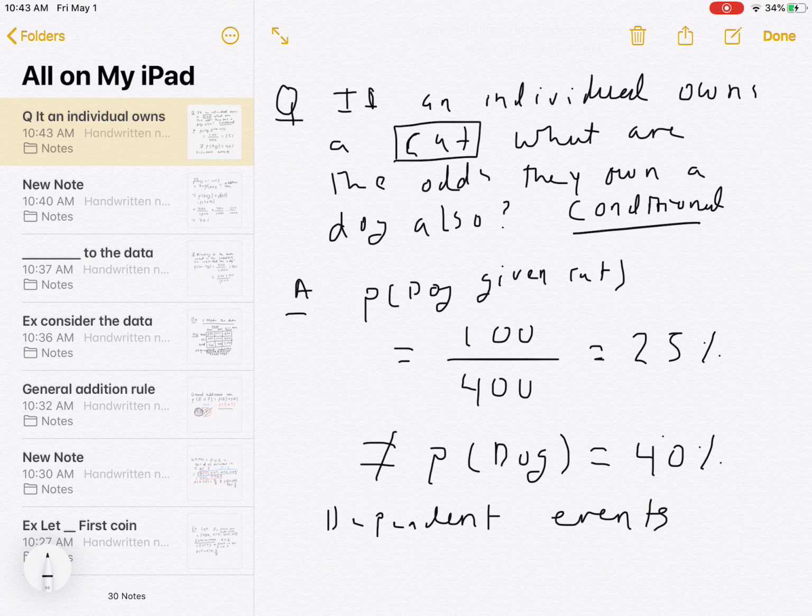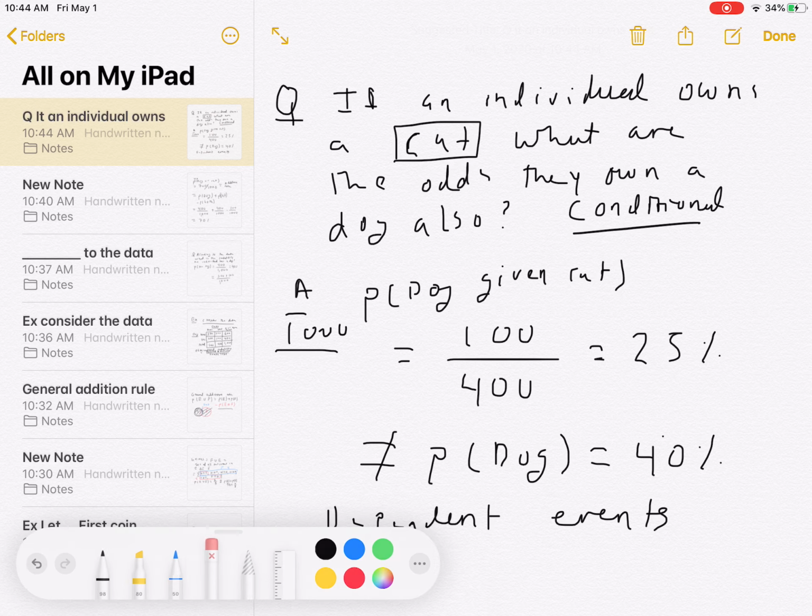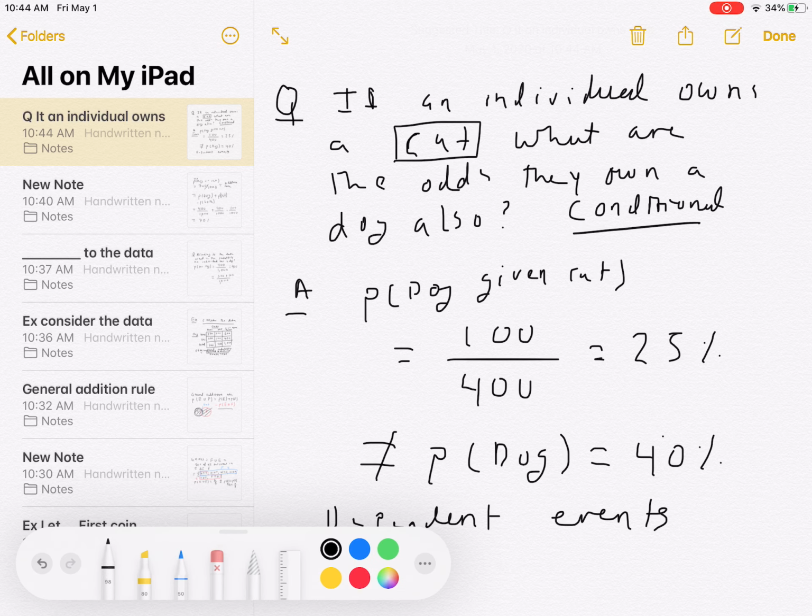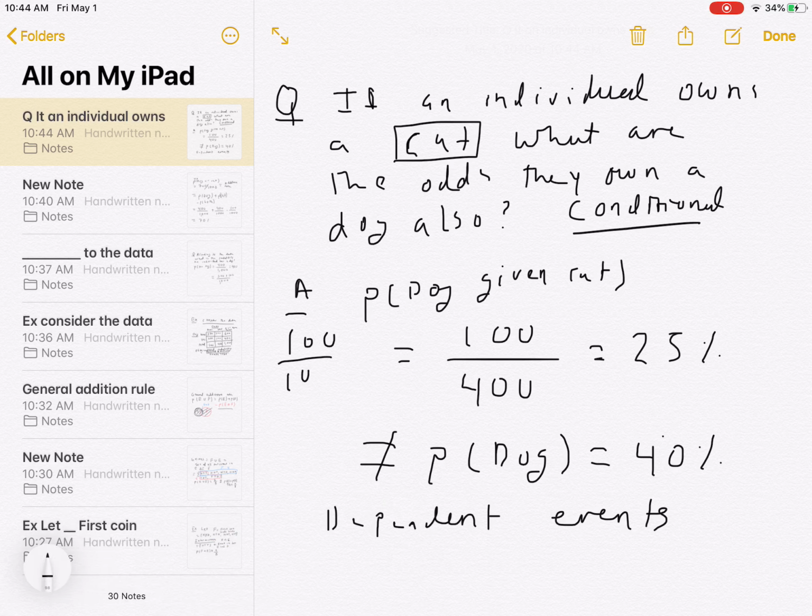Okay, so we have two things going on here. I just want to point out that this 100 out of 400, that 100, they had to satisfy the criteria that they had a dog and a cat. So that would be 100 out of 1,000 divided by the 400 out of 1,000.